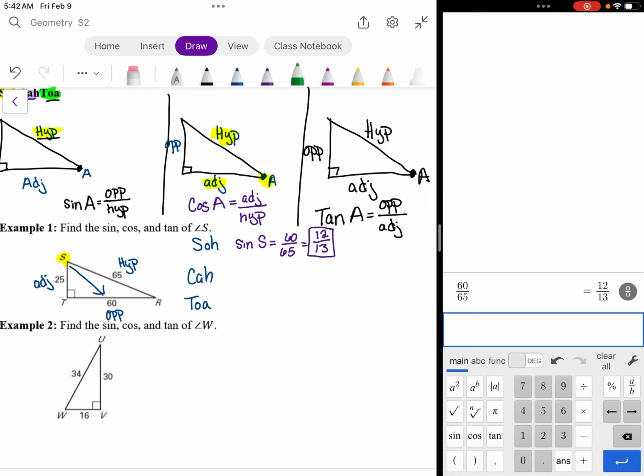Then if we do our cosine of angle S, that is equal to the adjacent side over the hypotenuse. And that would mean we would put 25 over 65, which both can be divided by 5 again to get 5 over 13.